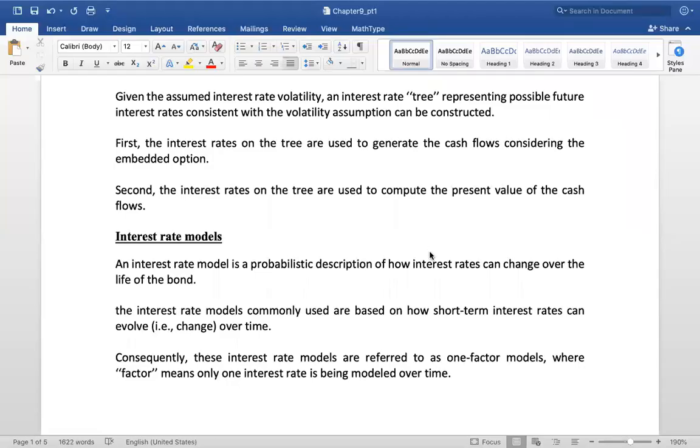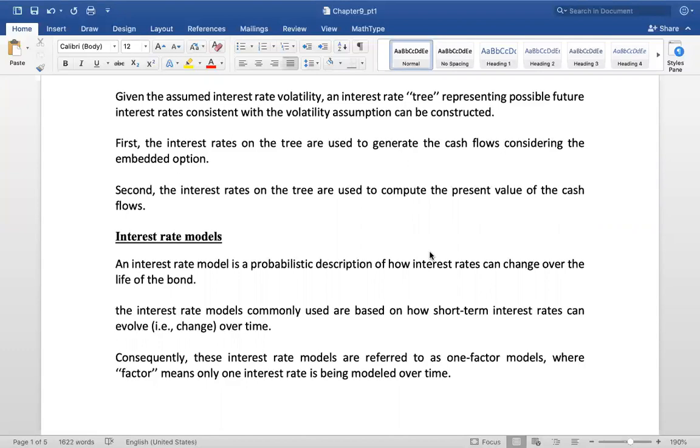Consequently, these interest rate models are referred to as one-factor models, where factor means only one interest rate is being modeled over time. And we can have two-factor models, when the model specifies how short-term as well as long-term rates can change. Then we refer to it as a two-factor model.